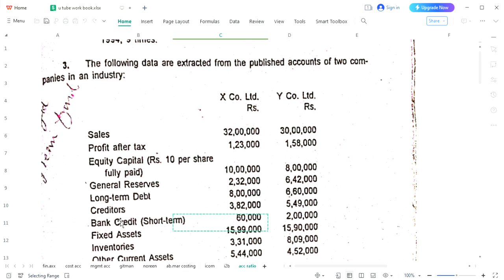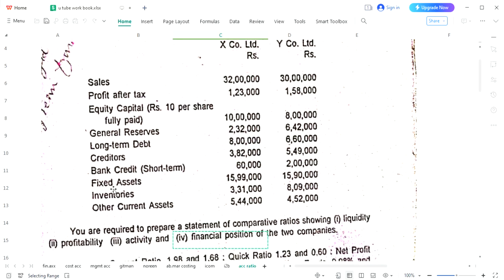Going through here, you can see that fixed assets, inventories and current assets are only assets, and bank credit, creditors, long-term debt, general reserve, capital, these are liabilities. It is a matter of common sense, and we can assume that you already understand the difference between assets and liabilities.